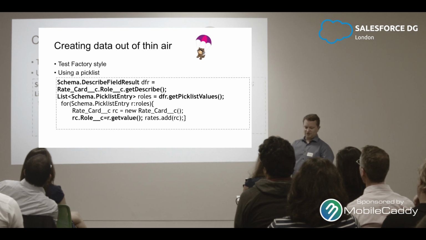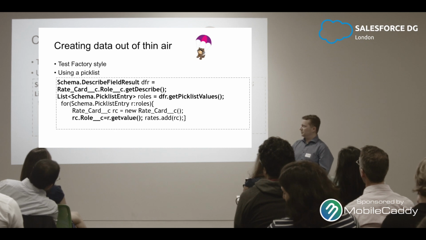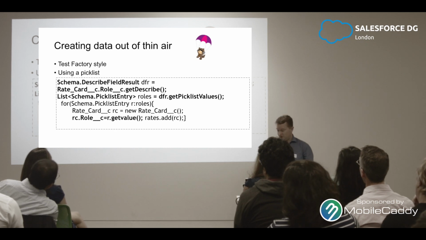And we're going to loop through these picklist values and create a rate card for every one of the values in the picklist, and the role will get the value of the picklist that we're currently looping through.